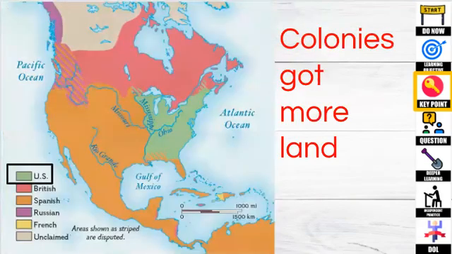As a result of the Treaty of Paris, the United States, which is green on your map, gets more land. I know you're thinking, the Spanish have a lot of land. Yes, in this time period, the Spanish had colonized most of the Western United States and almost all of Central America. That will change as we move on in history.